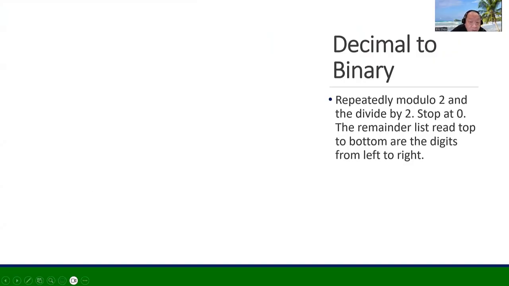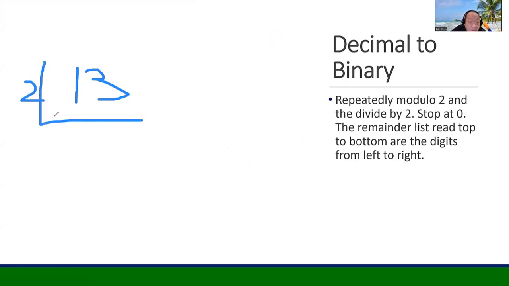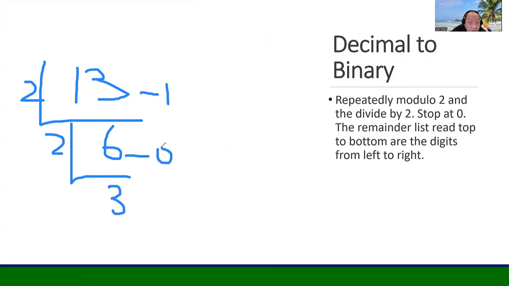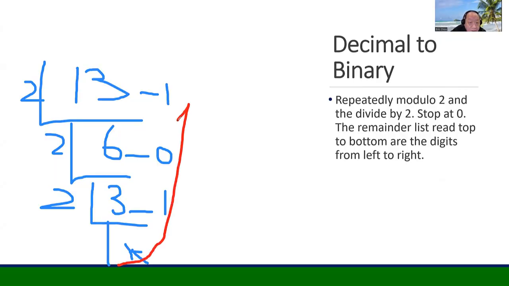So let's assume that you want to convert 13 to binary. You divide 13 by 2. You get 6 remainder 1. You divide 6 by 2. You get 3 remainder 0. You divide 3 by 2. You get 1 remainder 1. This is only 1. You can no longer divide. Then once you get this value, you read from here to here.